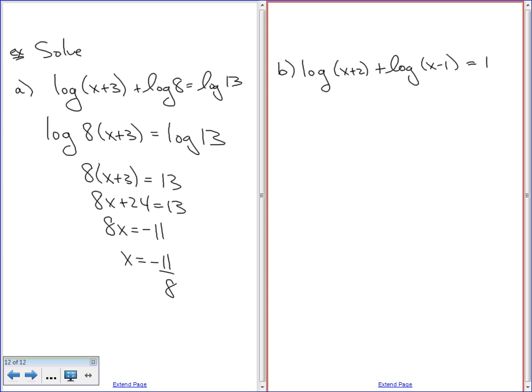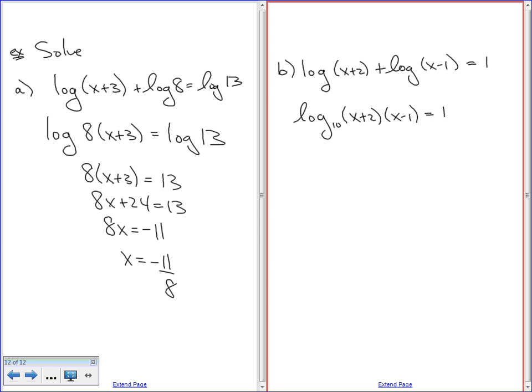As soon as you see that, you should say, okay, I need to combine so that I have a single logarithm on each side. The log of x plus 2 plus the log of x minus 1 becomes the log of x plus 2 times x minus 1. Again, it's beneficial for you to write in the base 10. You can do that. So you remember that that's the base there.